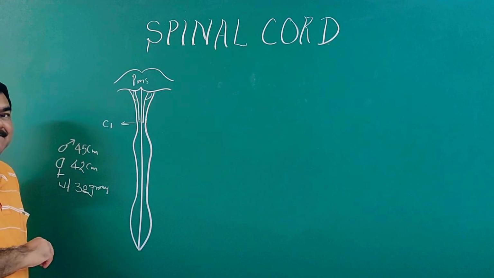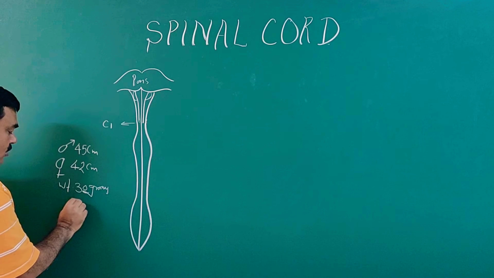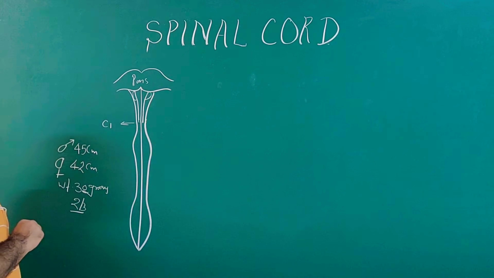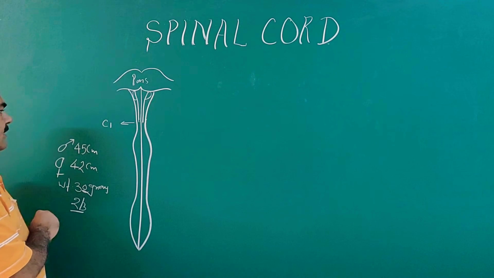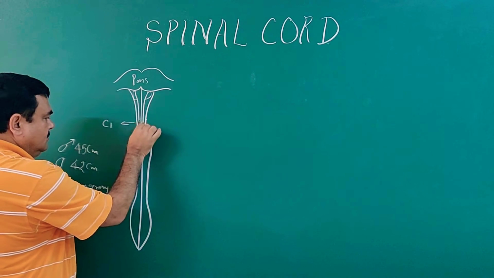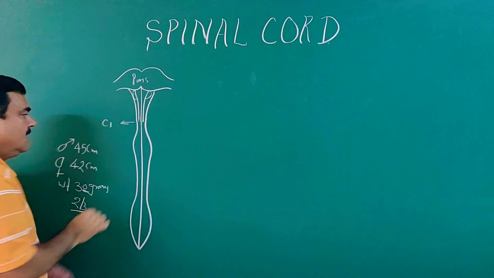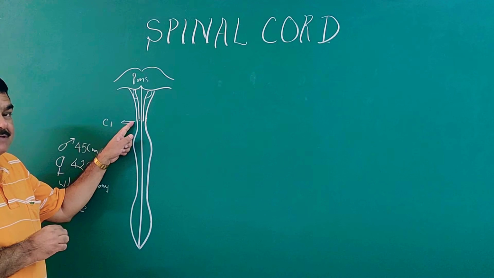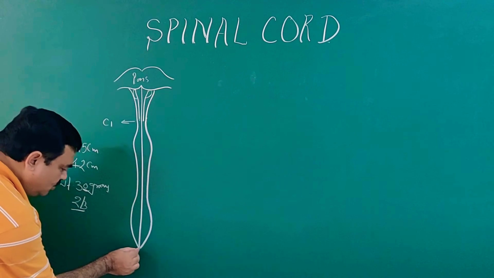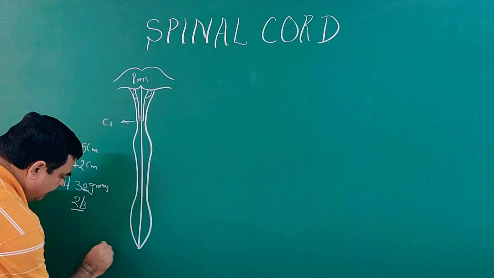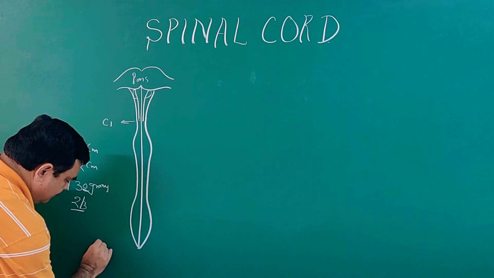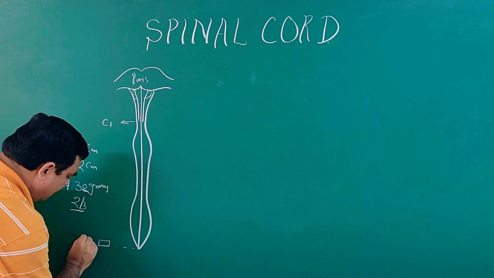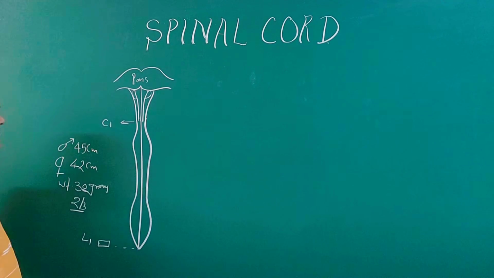It occupies about the upper two-thirds of the vertebral canal, and it extends from the upper border of the posterior arch of the C1 vertebra to the lower border of the L1 vertebra.